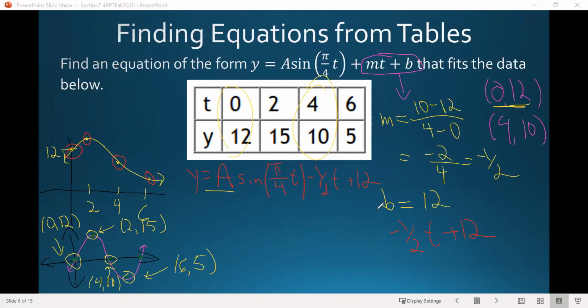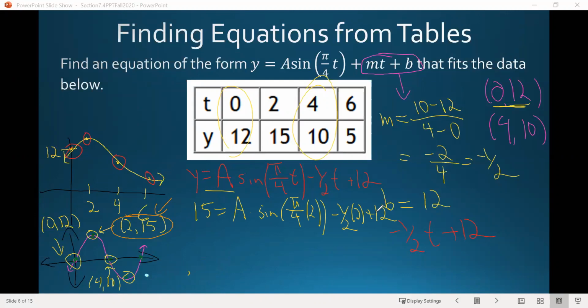So to find it, we should use a point that is off the midline, that goes above or below the midline. So in this case, we can use the point 2, 15. We could use the point 6, 5, that would work too. Go ahead and plug that into our equation for t and y. So we'd have 15 equals a times sine of pi over 4 times 2 minus 1/2 times 2 plus 12.